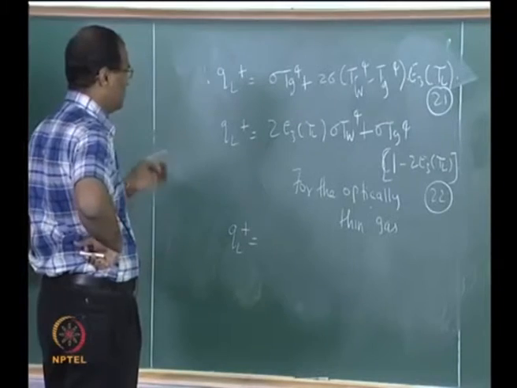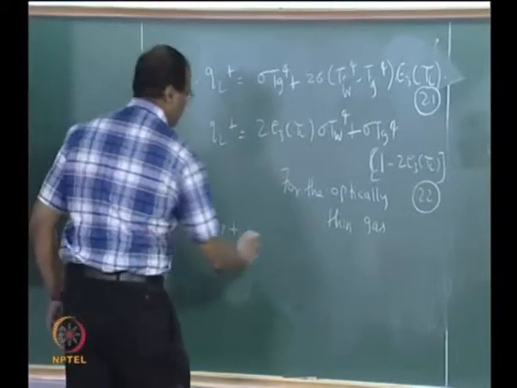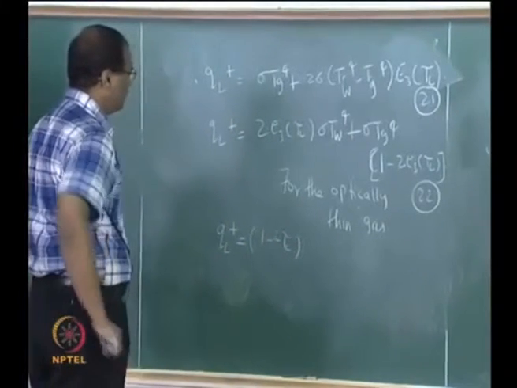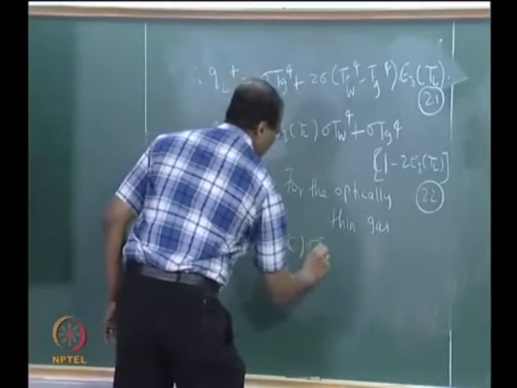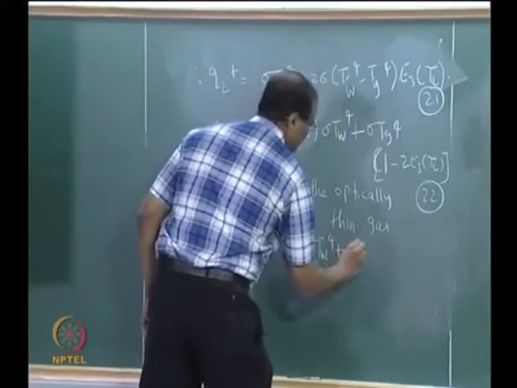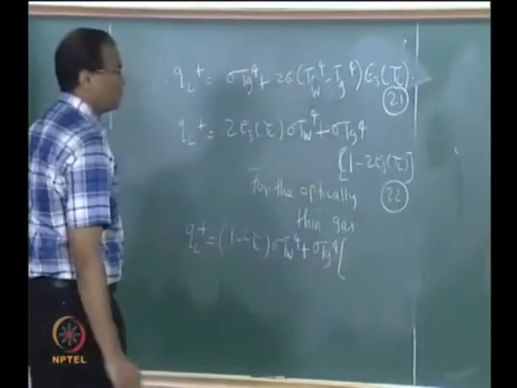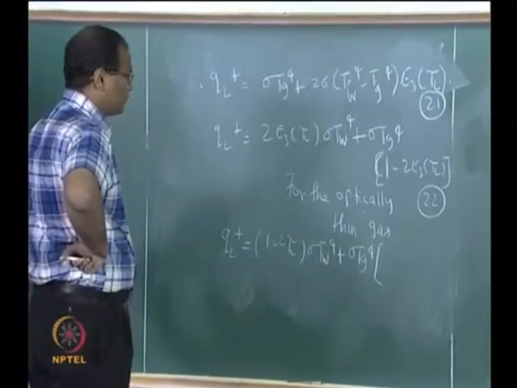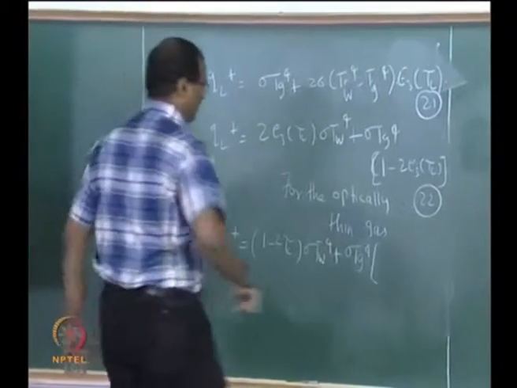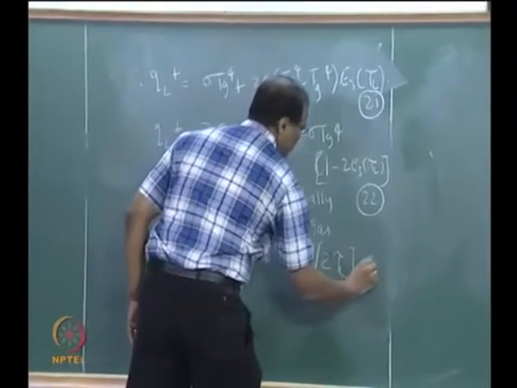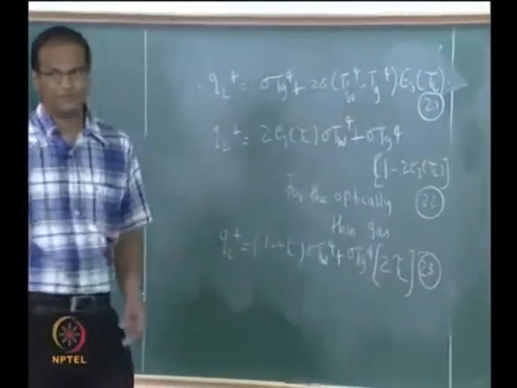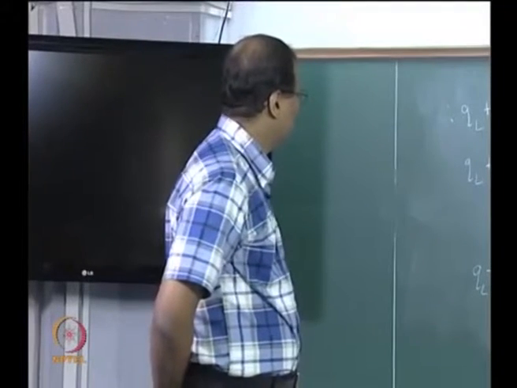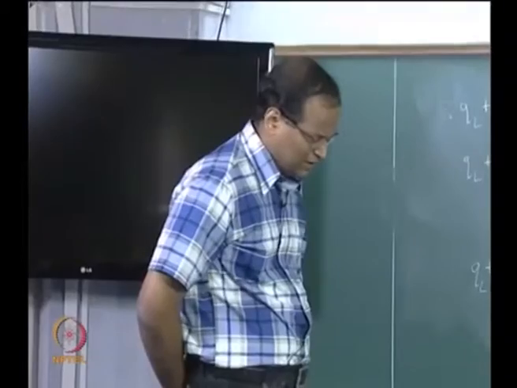Yeah? 1 minus 2 tau L by 2, plus two tau L. Okay. The 2 is not leaving us, no? Okay, what is the big deal, man? Now, what is the big deal?